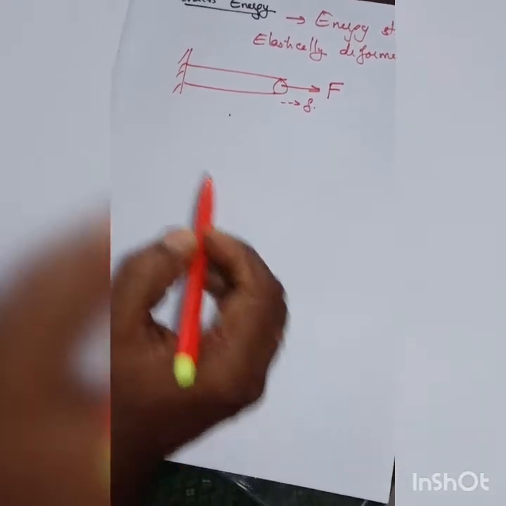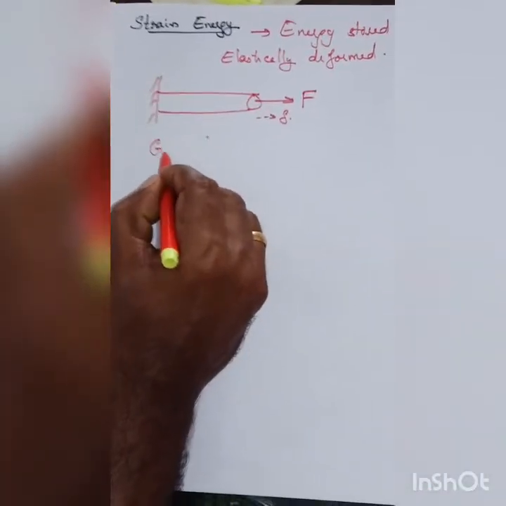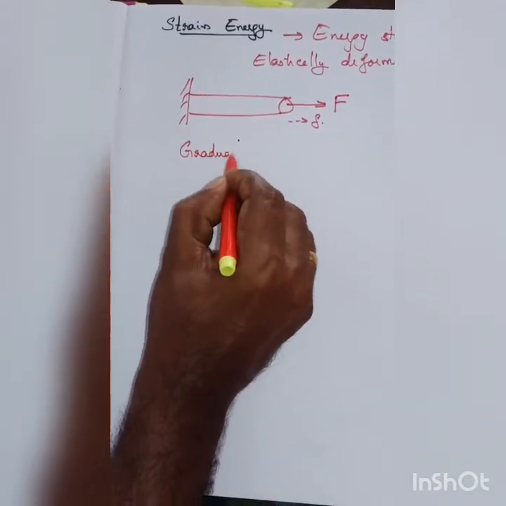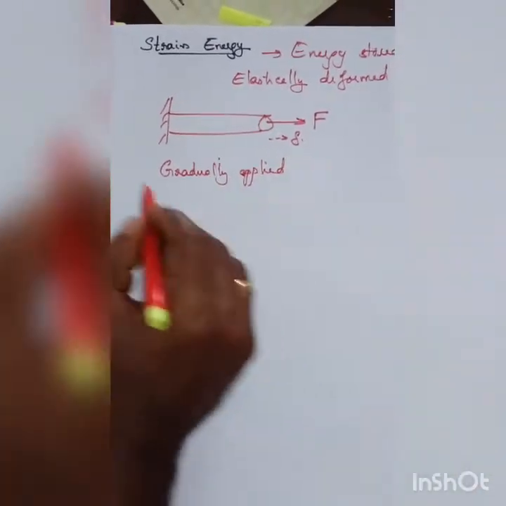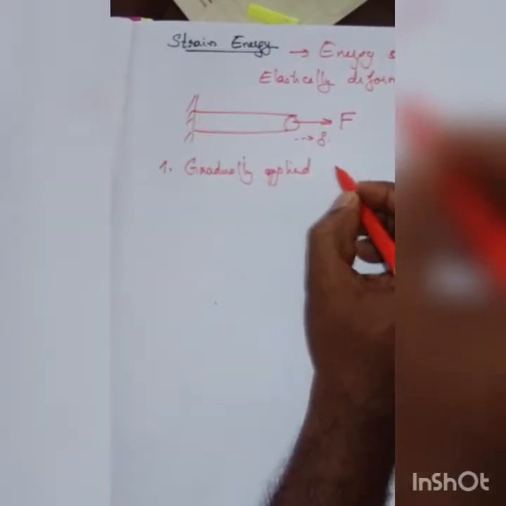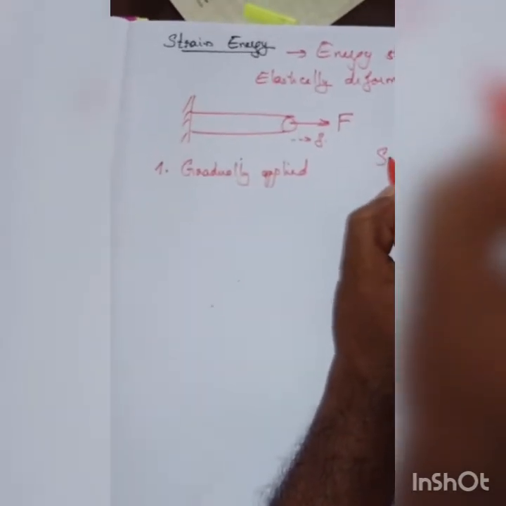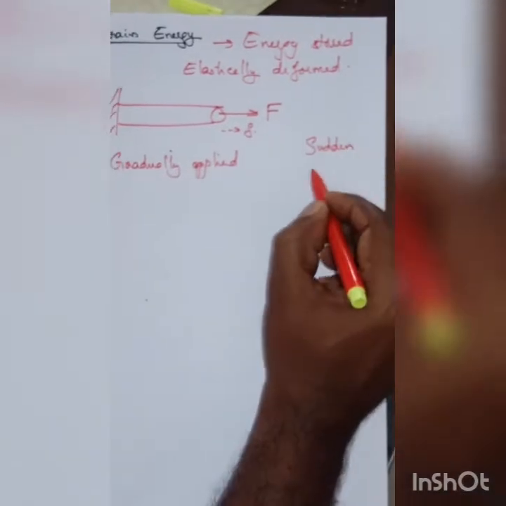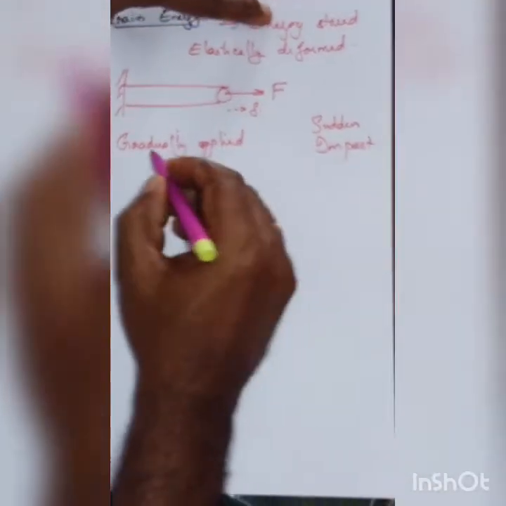We are going to see the equation for strain energy for a gradually applied load. The other types of loads can be sudden loads as well as impact loads. But our aim is the derivation for a gradually applied load.